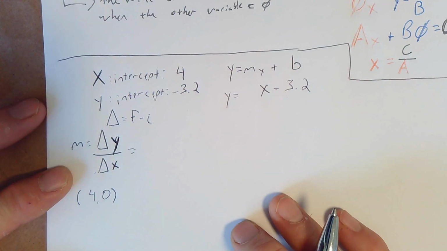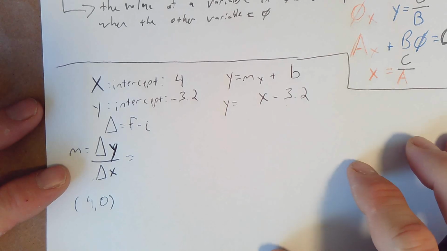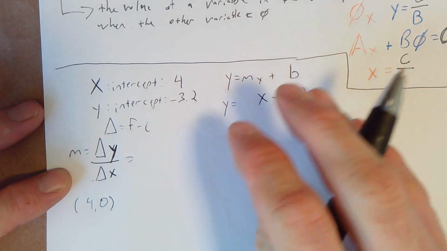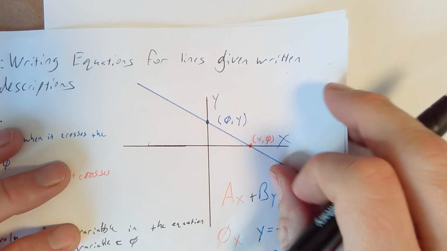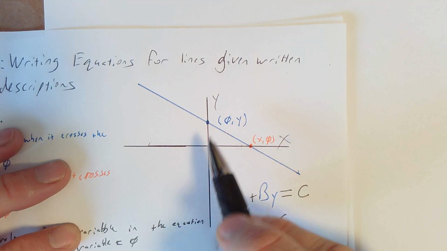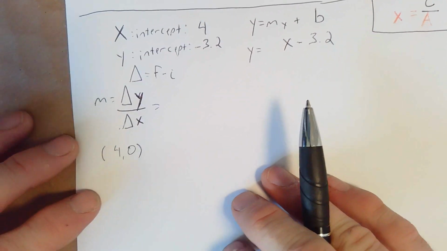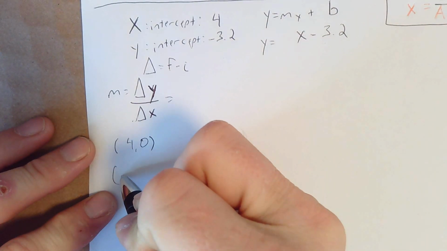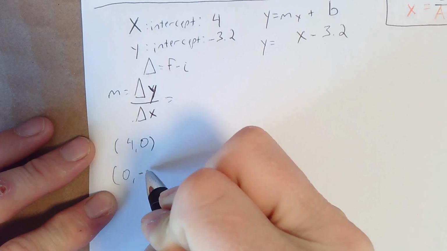Okay, and then I have another point at my y-intercept at negative 3.2, right? And my y-intercept is a 0 and a negative 3.2, so it's going to be down here actually.